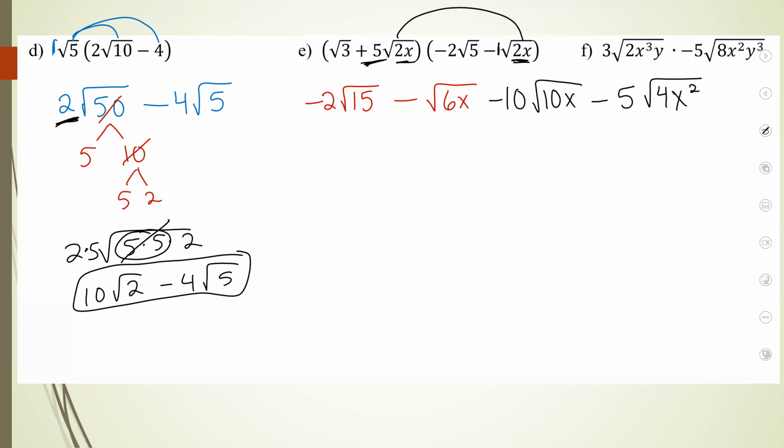So can I combine any of these? No? Okay. Well, let's look at this real quick. I can simplify this. What can give me 4? 2 and 2, and then I have 2 x's, right? So we can write this as this. That goes outside, so I can put a 2 on the outside. This goes outside. So I don't really need this. So let me write what we have. 5 times 2 is 10, so this will become a 10x.